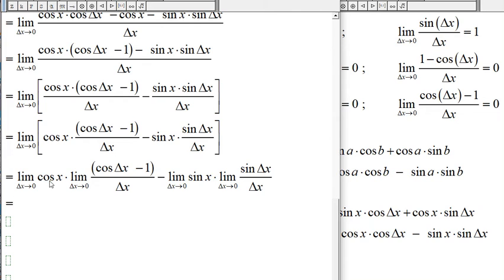Limit of cosine of x with delta x going to 0, but there's no delta x here. And so we're just going to get cosine of x times the limit of cosine of delta x minus 1 dividing by delta x as delta x approaches 0, which is 0.